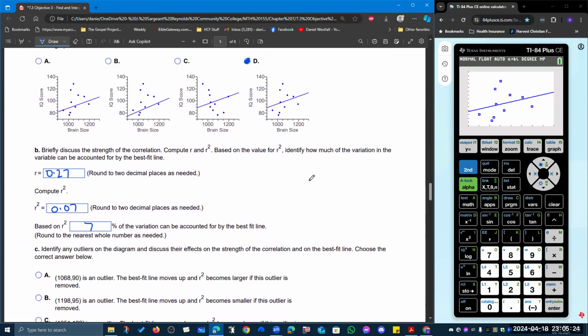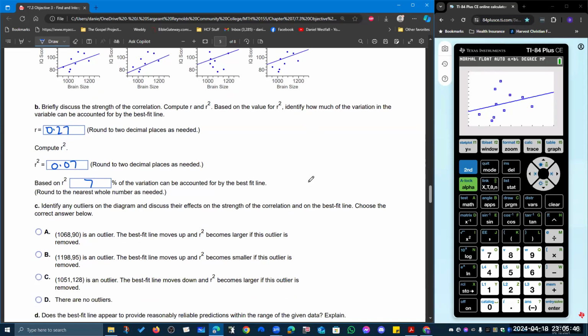Are there any outliers? Yeah, actually, let's see, this one up here is an outlier, and that is this.